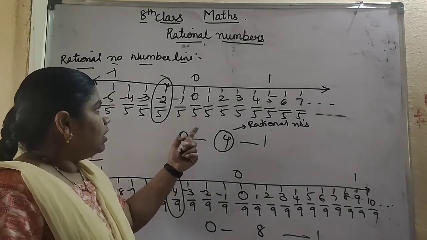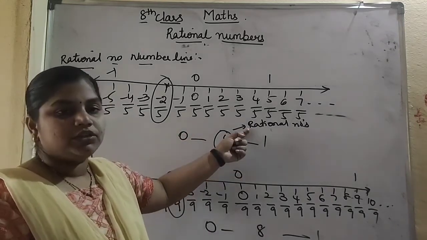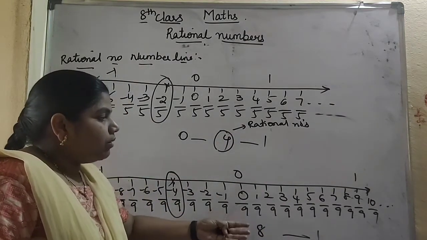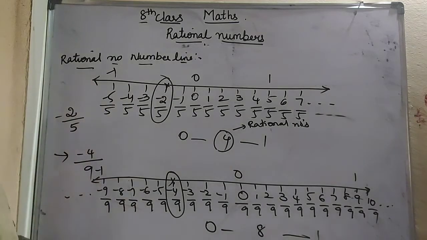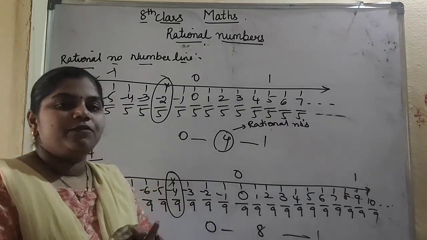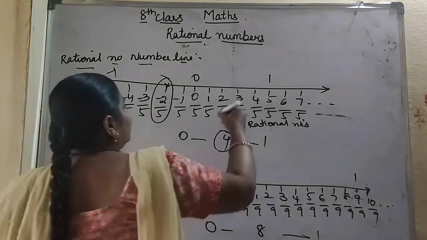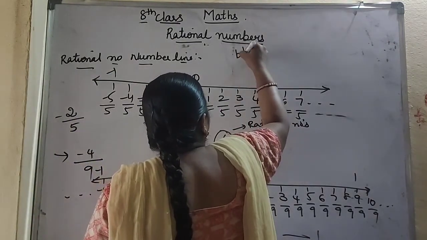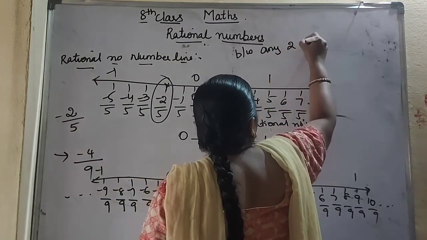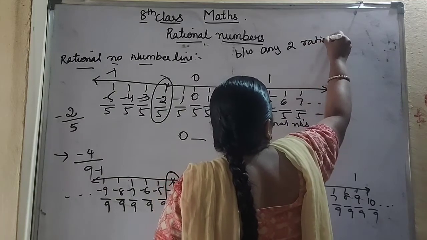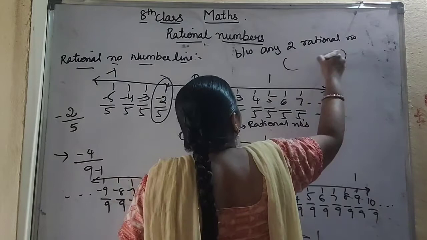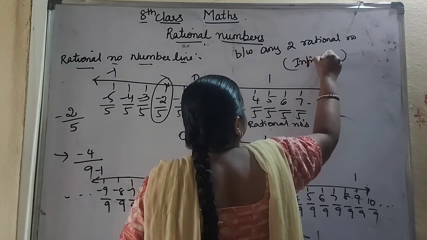So between 0 and 1 here 4 rational numbers, and here 8 rational numbers. So as the denominator value increases, the numbers in between will also increase. It will not be a fixed value. So we can say that between any two rational numbers, you will see an infinite number of rational numbers.